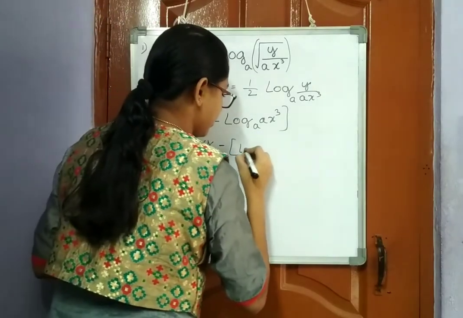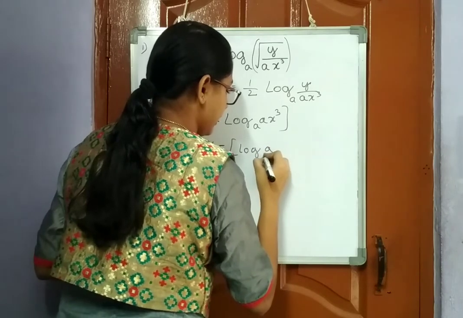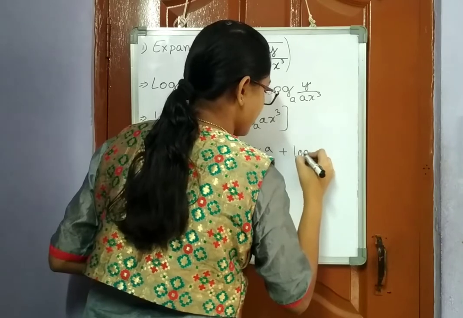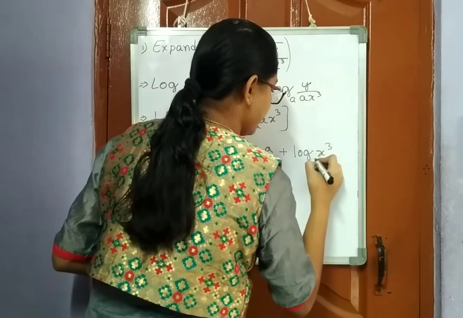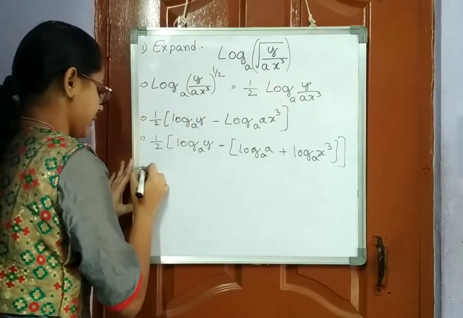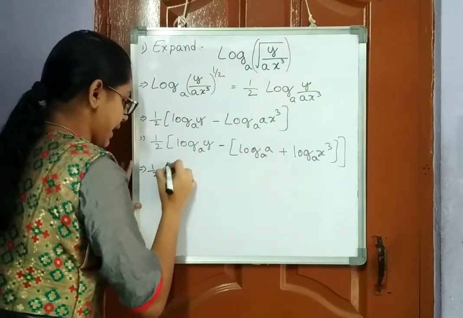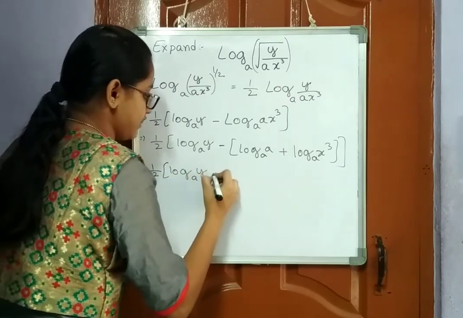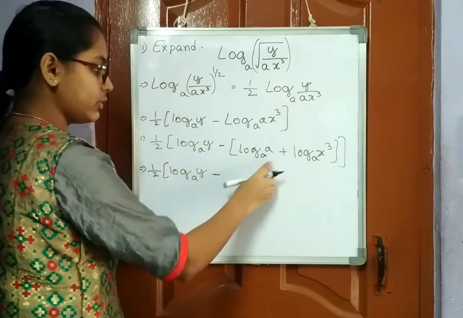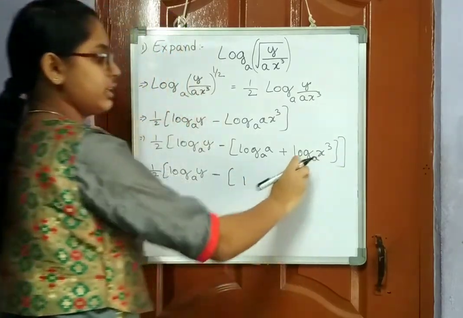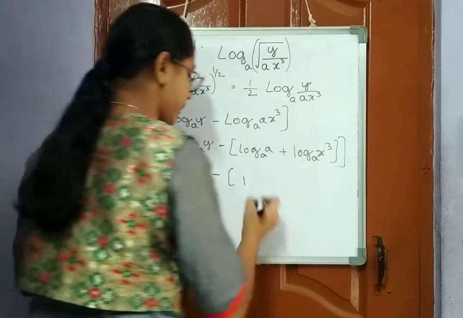So applying the product rule we will get log a to the base a plus log x cube to the base a. Now we will get half of log y to the base a minus log a to the base a, which is 1.